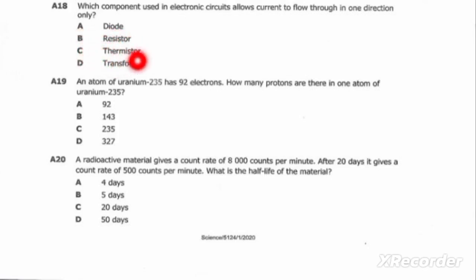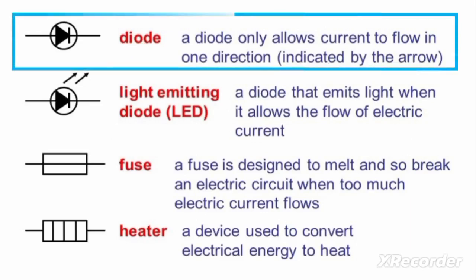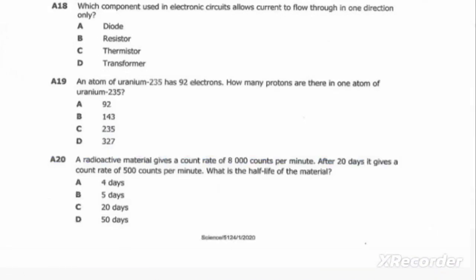C. Thermistor. D. Transformer. Okay, so the component that allows current to flow in one direction is called diode. So therefore our correct answer here is A.